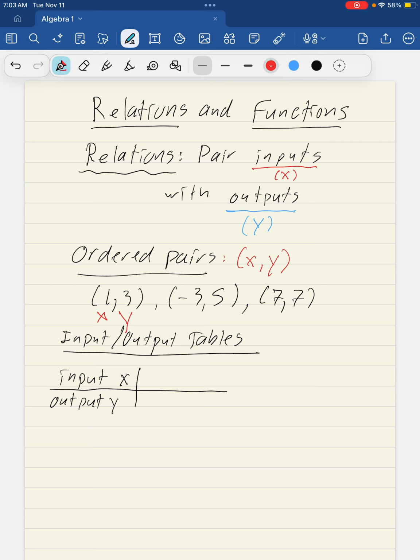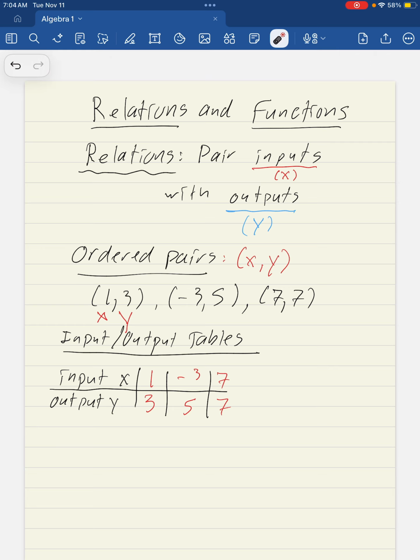So this would be 1 in the x input, 3 as the output. Again, what that means is if you put 1 into the function, you will get a 3 as the output. I'll show you more on that in a second. So we have input 1, output 3. Then with the same values, we have negative 3, 5, and again that 7, 7 at the end.